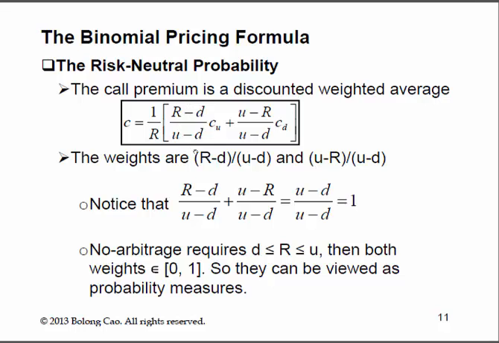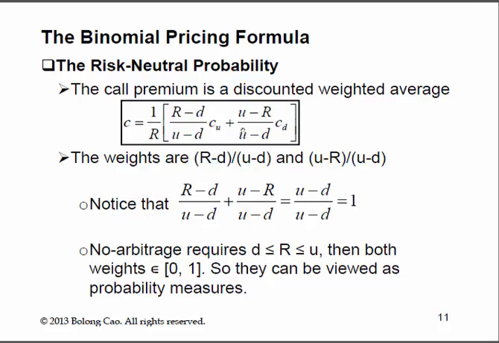And let's look at the weight. For the up payoff, the weight is R, the risk-free rate, minus the down proportion over the whole distance between up and down. That's the upstate weight. The downstate weight, the down payoff weight, is the up proportion minus the risk-free rate over the whole distance between up and down proportions.